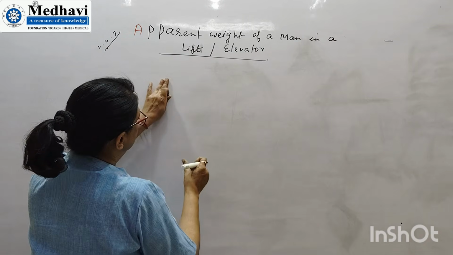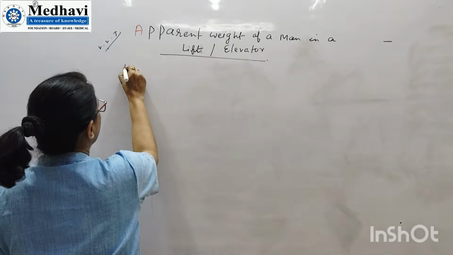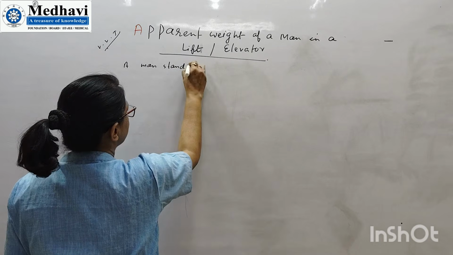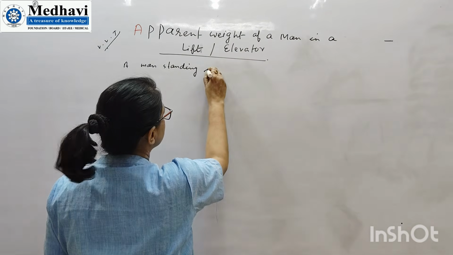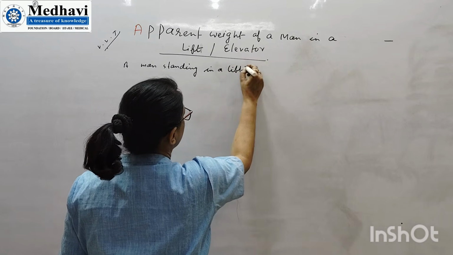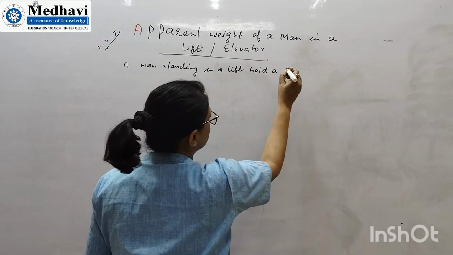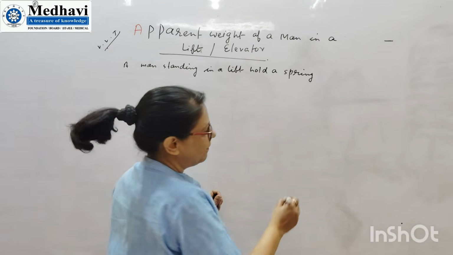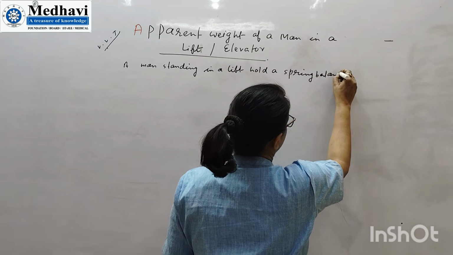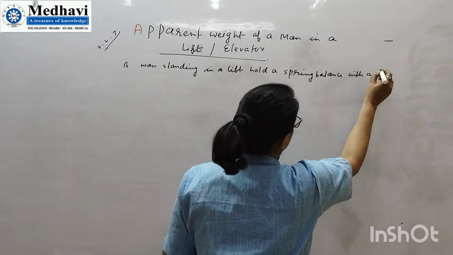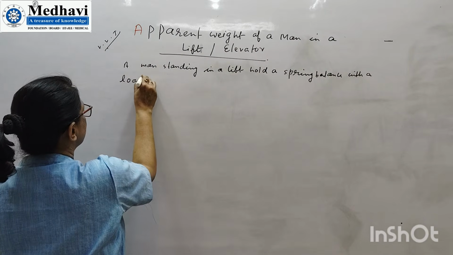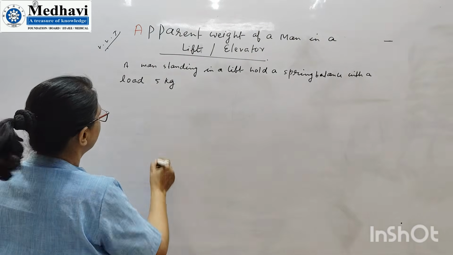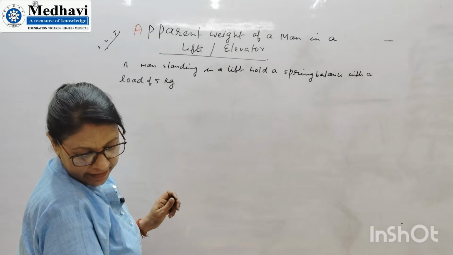I want to write the question also, that is important. A man standing in a lift holds a spring balance with a load of 5 kg suspended from it.